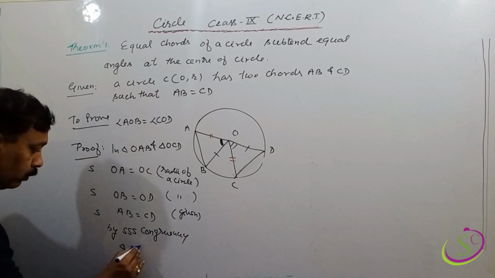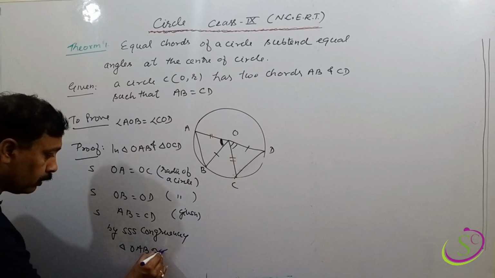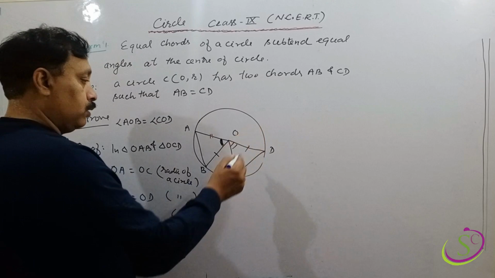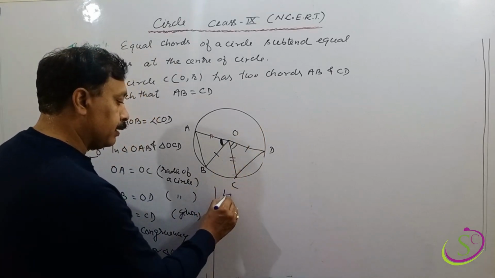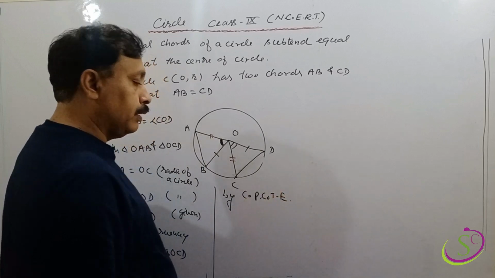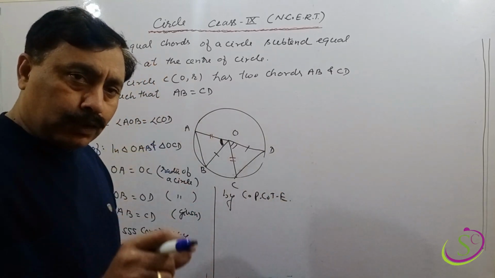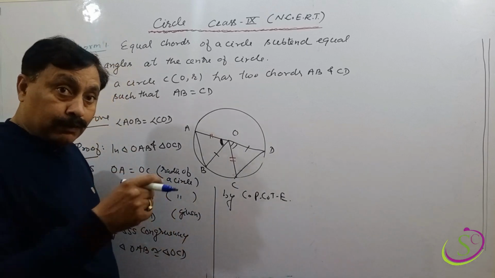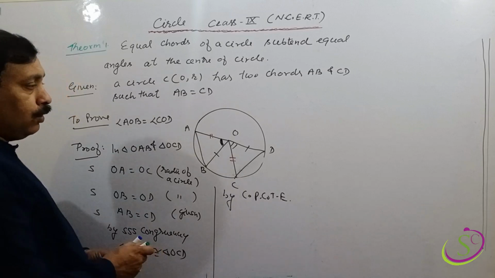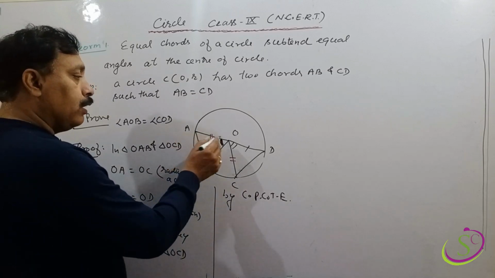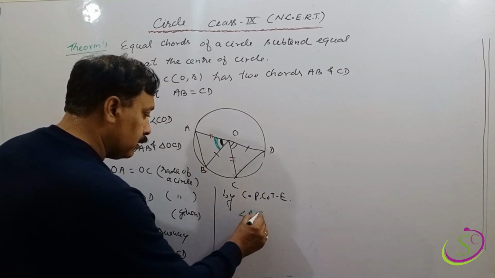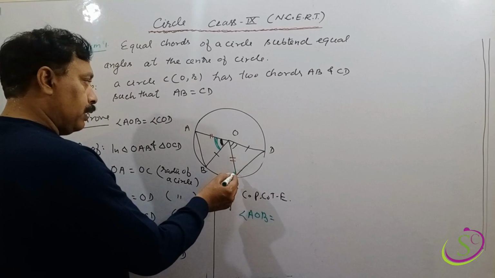Triangle OAB is congruent to triangle OCD. So by CPCTE, means corresponding parts of congruent triangles are equal. From this property we can show that here angle AOB will equal to angle COD.